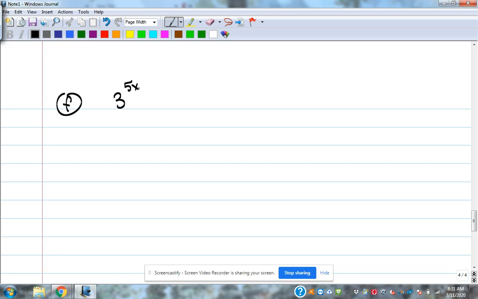3 to the 5x. Oh, geez, he changed the base. Is equal to 81. 81 is 3 to the 4th power. How do you make that happen? I know 81 is really 9 times 9, right? And then 3 and 3. 3 and 3.